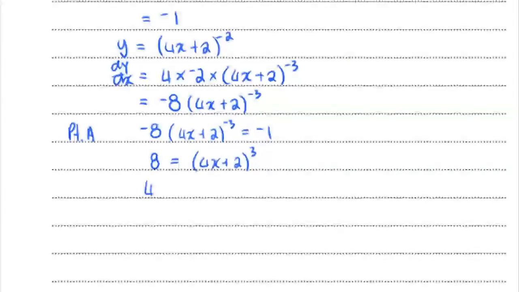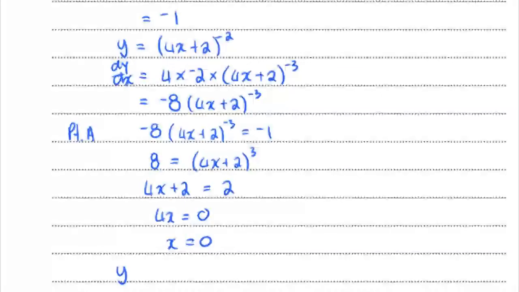Okay, so this doesn't look too hard anymore. We've got 4x plus 2. Let's find the cube root of 8. We get 2. And so 4x is equal to 2 minus 2, which is 0. And so x equals 0. And to find y, we put x back into the equation.